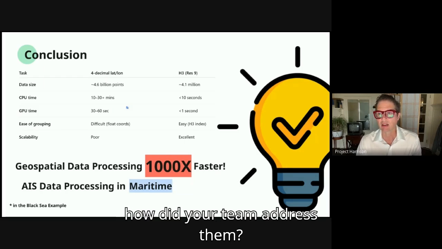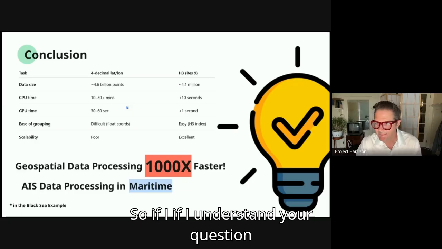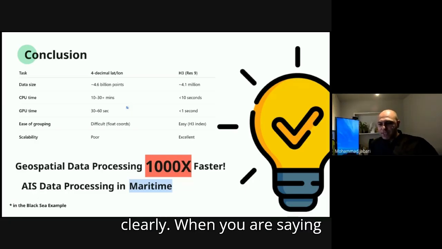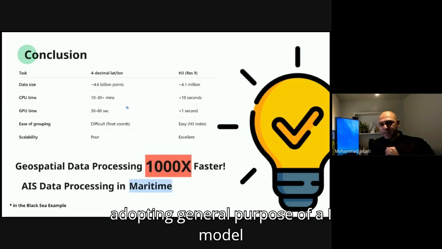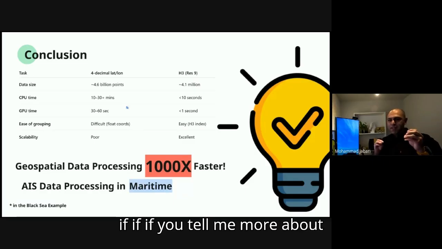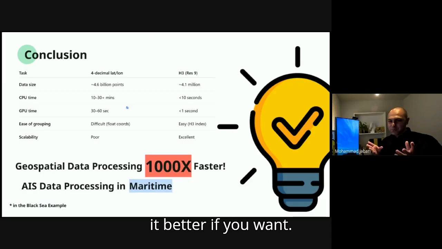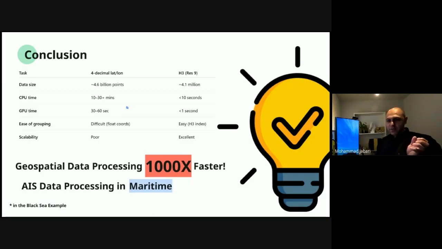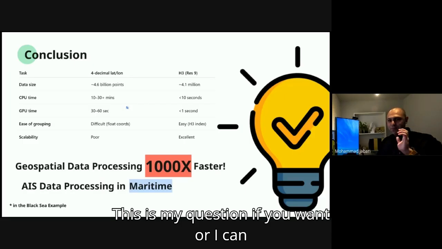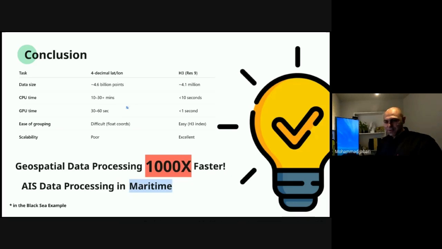And how did your team address them? If I understand your question clearly, when you say adopting general purpose AI models, if you tell me more about your question, I can address it better. This is my question. If you want, I can follow up.